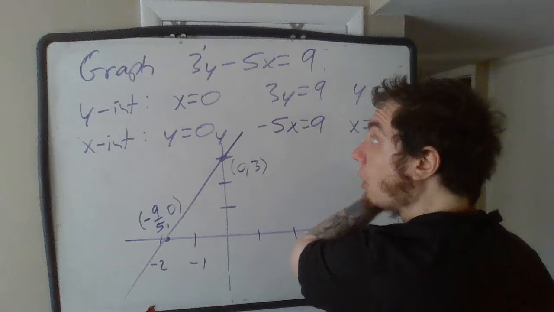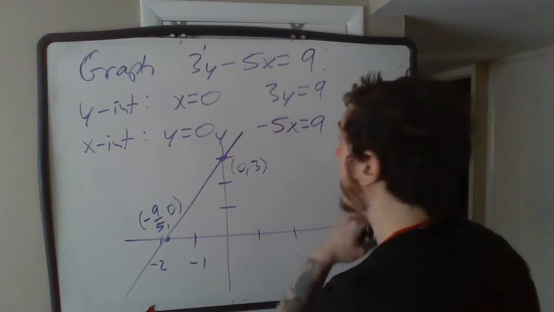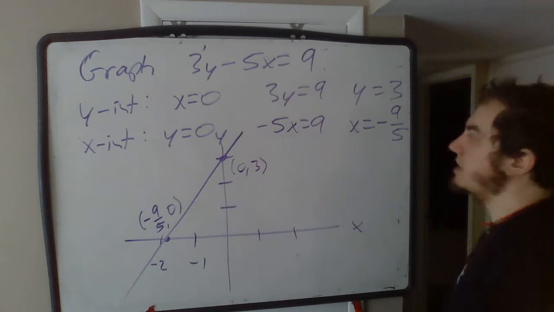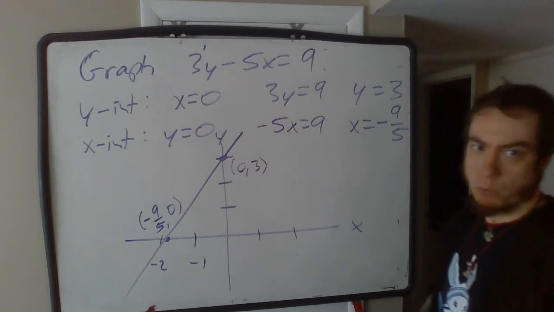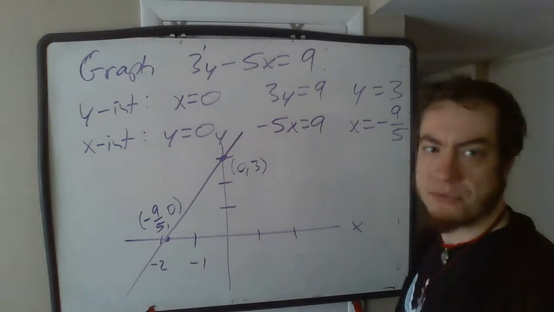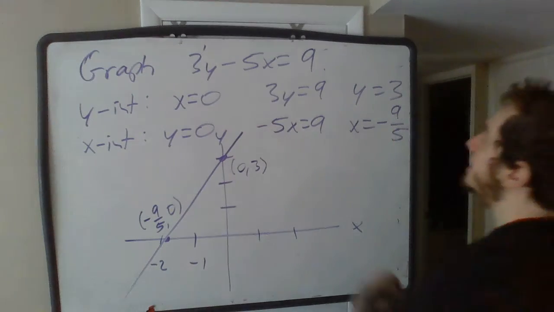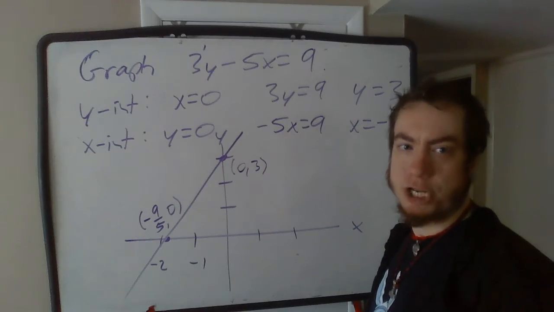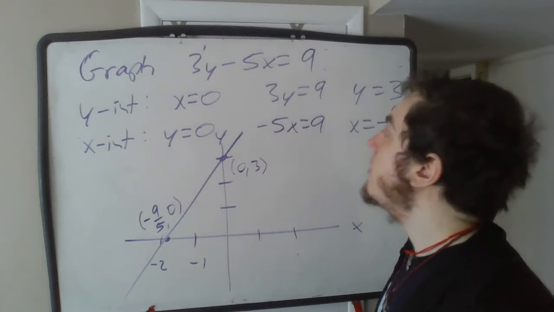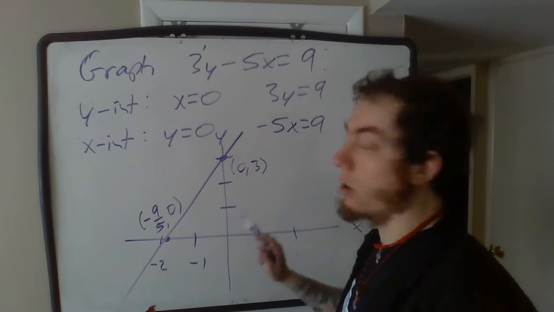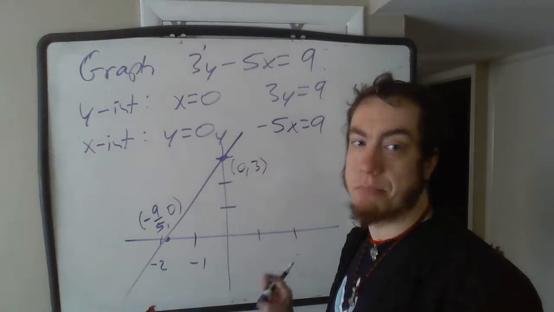This method will work as long as the constant over here is not equal to 0. What we just did will work, and we can always use this method to get a graph. The problem that happens is that if the constant on the right-hand side of the equation in standard form is 0, then what you would find is that the x and the y-intercepts actually occur at (0, 0), so they're the same point.